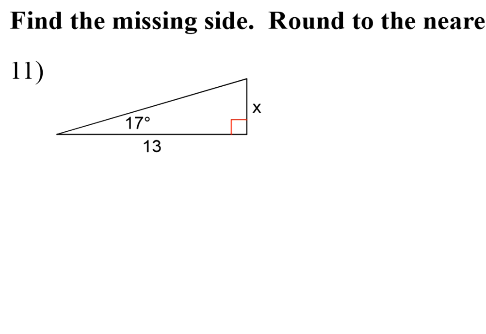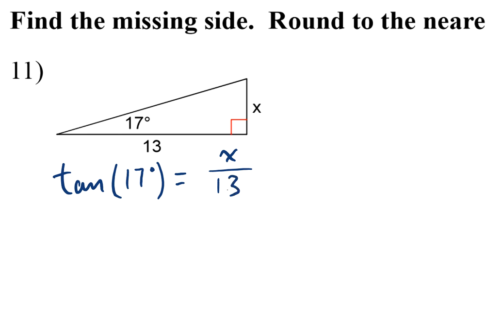So looking at 11, I can see clearly that the relationship between these three things is with the tangent ratio, because the tangent is the opposite leg divided by the adjacent leg. So I can write here that the tangent of 17 degrees is equal to opposite x over adjacent 13.